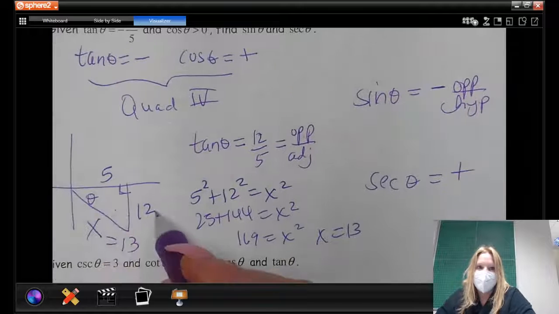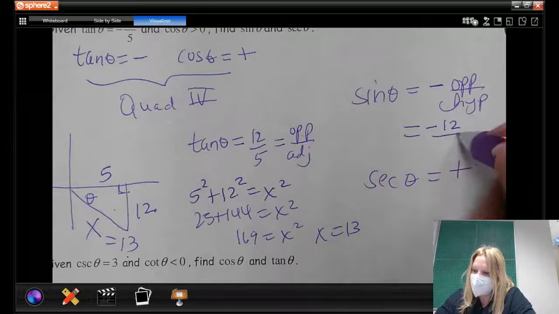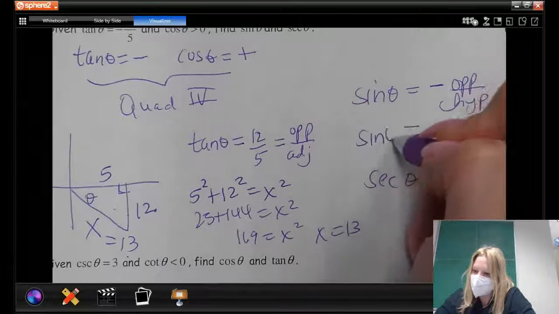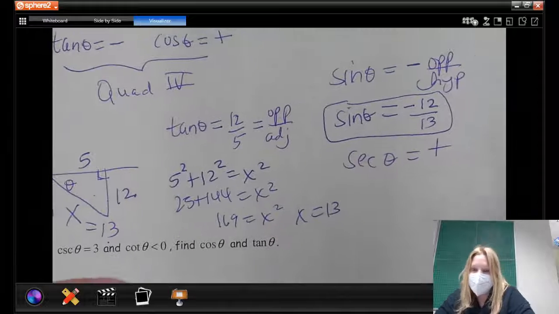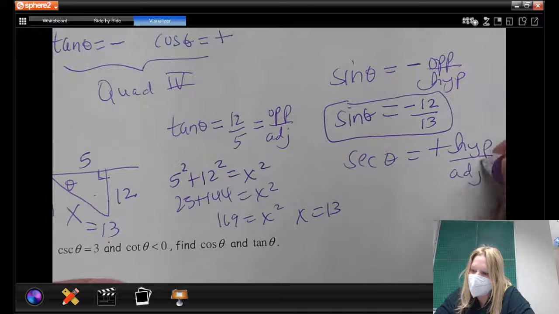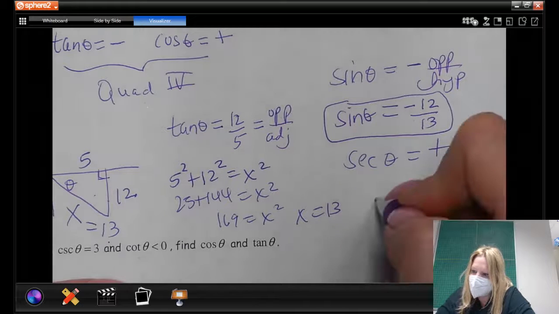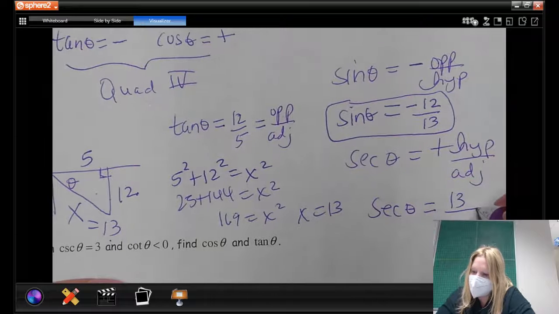So that'd be negative 12 over 13 is my sine theta. Cos is adjacent over hypotenuse. So sec is hypotenuse over adjacent. So I'm going to go hypotenuse over adjacent.